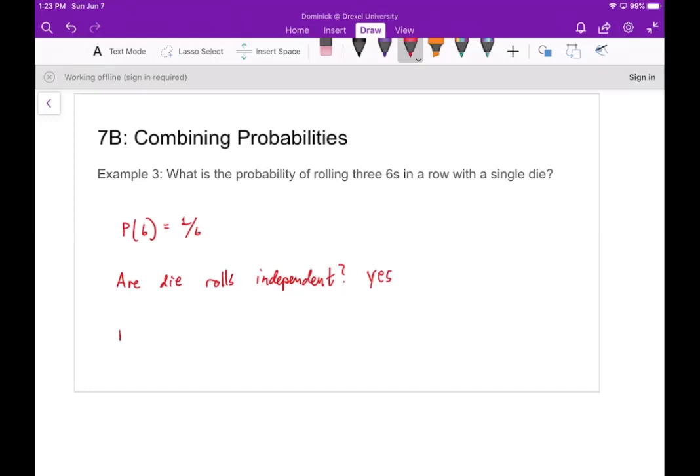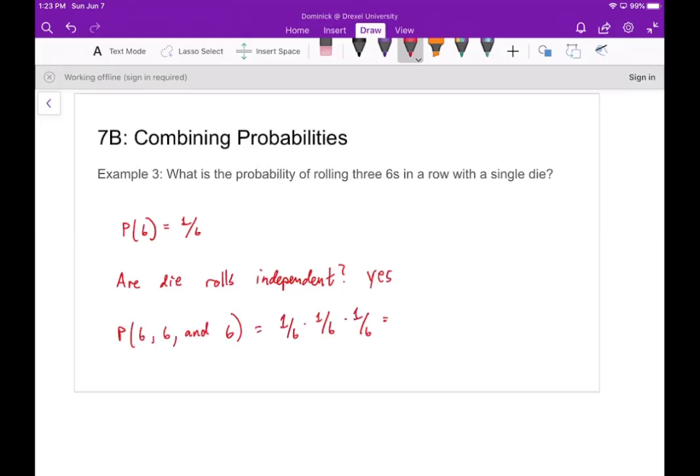So then the probability of a 6, and then a 6, and then one more 6 would be 1 out of 6 times 1 out of 6 times 1 out of 6. I would need to do 36 times 6.